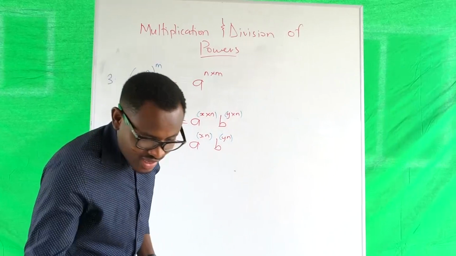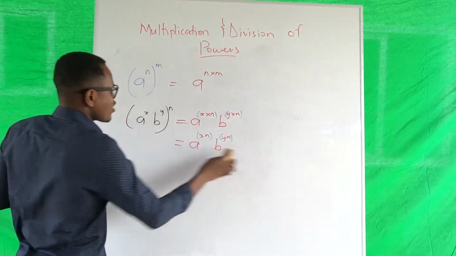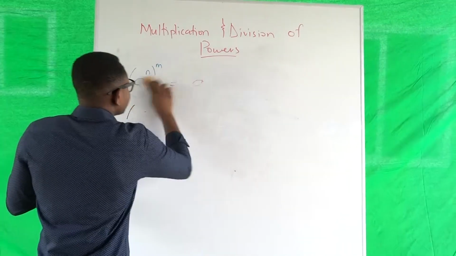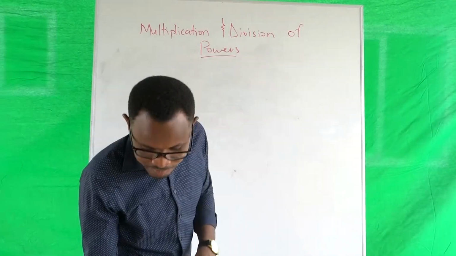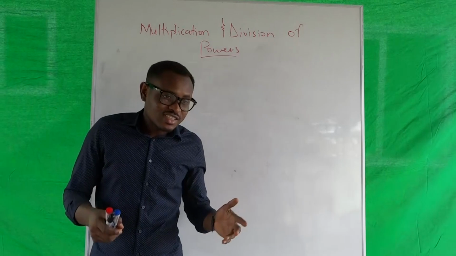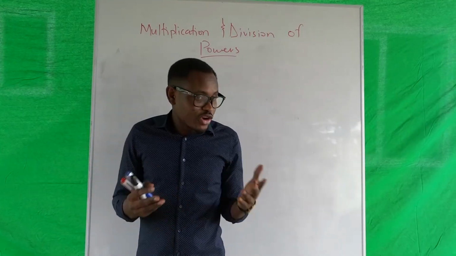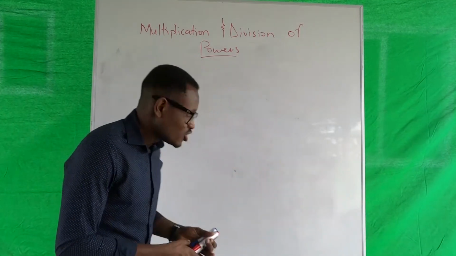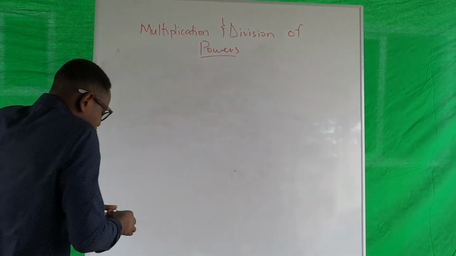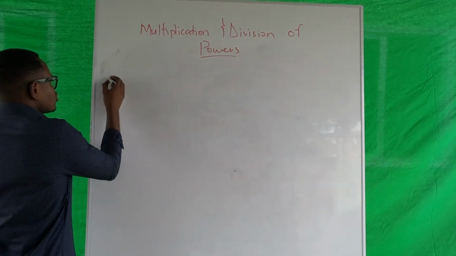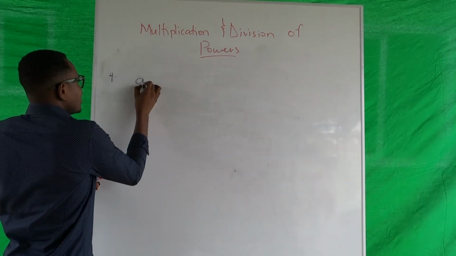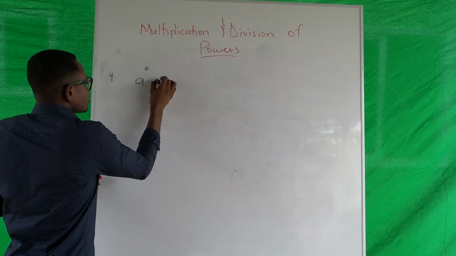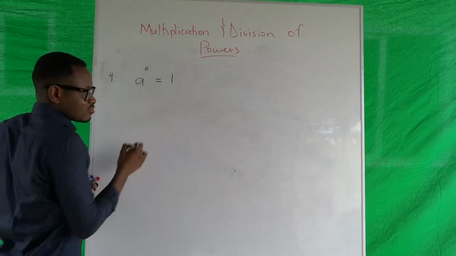Now, the last rule, then we are out of here. Rule number 4 states that any number raised to the power 0 is 1. So if I say a to the power 0, the answer is 1.